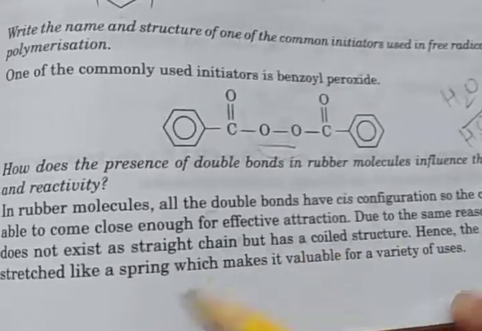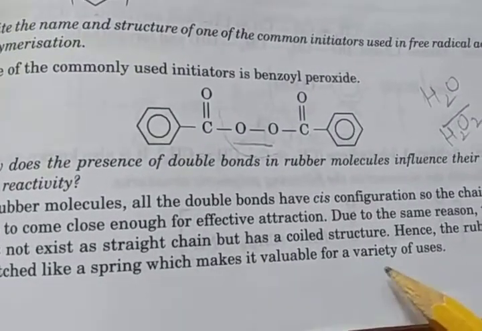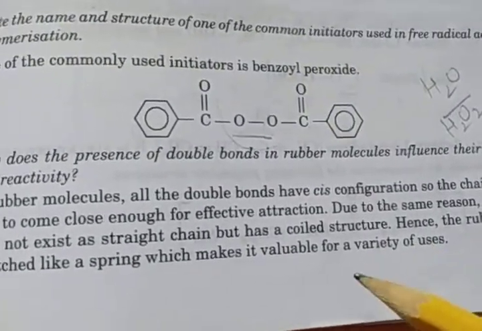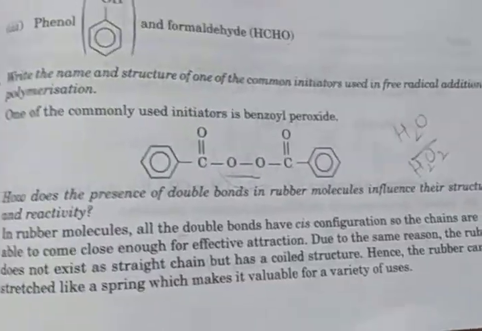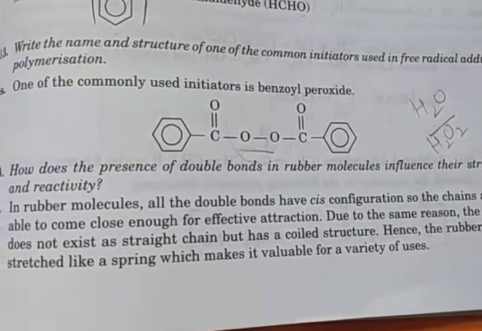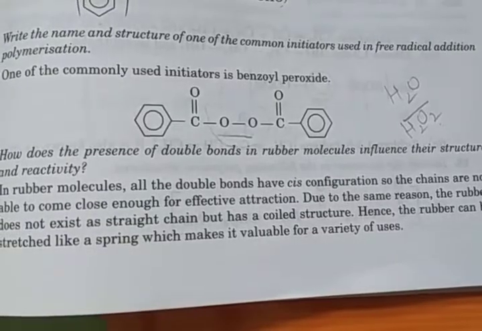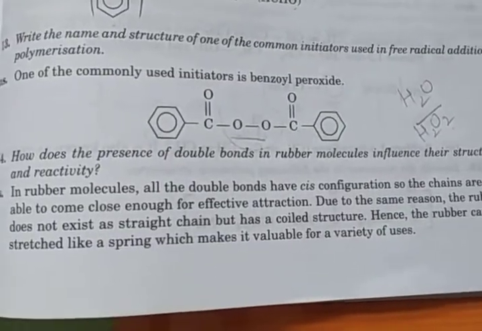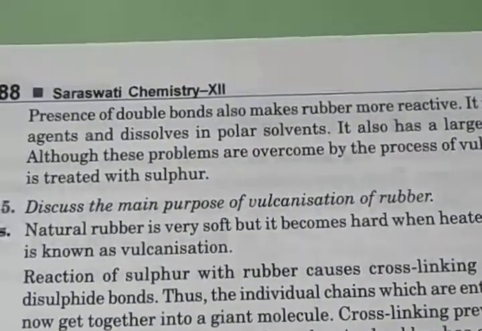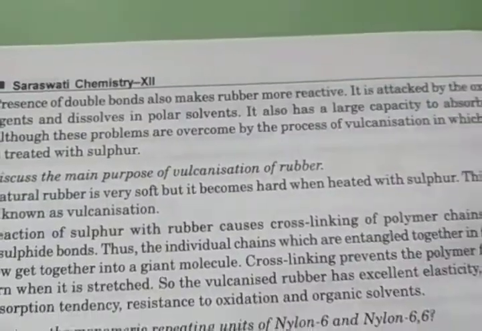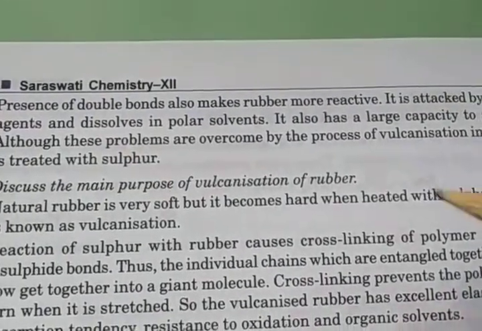So the rubber can be stretched like a spring, which makes it valuable for a variety of uses. The presence of the double bond also makes the rubber more reactive, so it is attacked by oxidizing agents and dissolved in polar solvents.